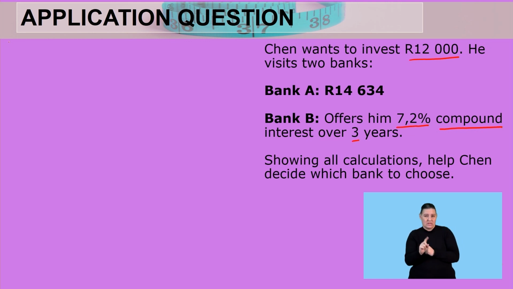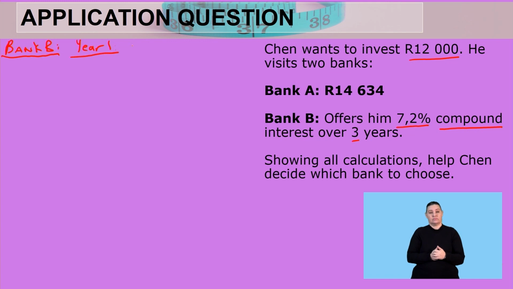So for year 1, we'll take the starting amount of 12,000 Rand. We'll multiply that by the interest rate of 7.2%, and I get 864 Rand, which is our interest.